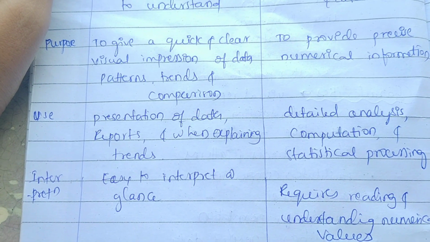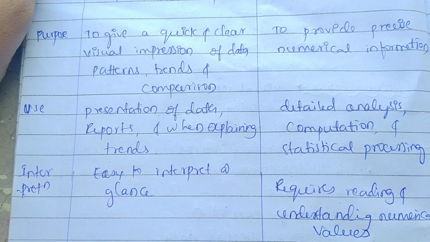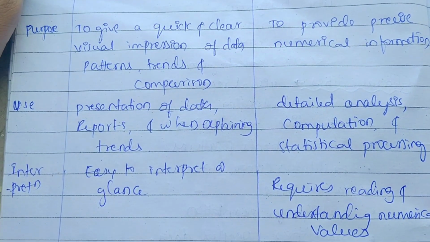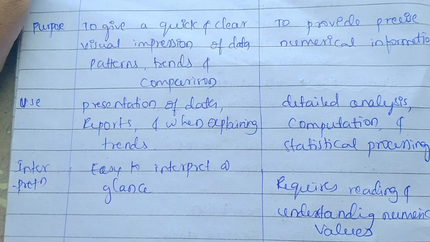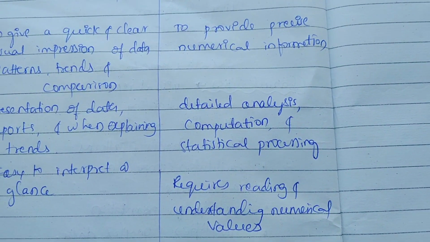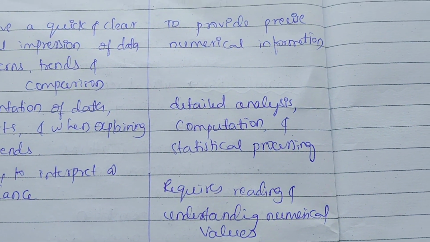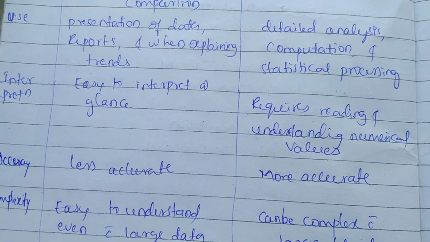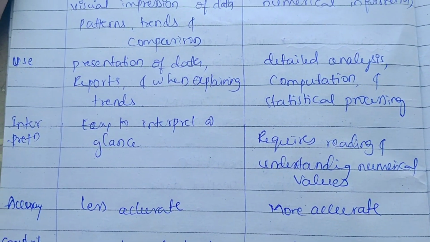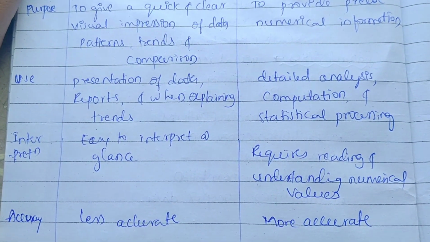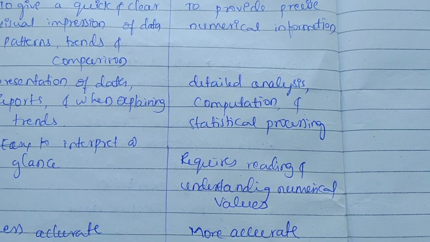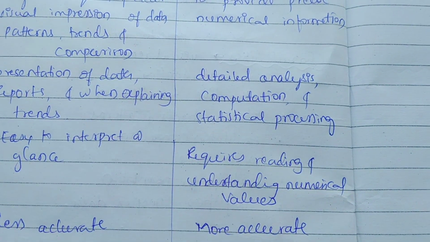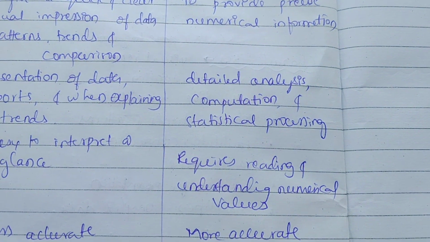If you see the graph at the first attempt, you get to know what it is showing or informing us. Tabular requires reading and understanding of numerical values. Accuracy: graphical presentation is a little less accurate, and tabular presentation is more accurate.